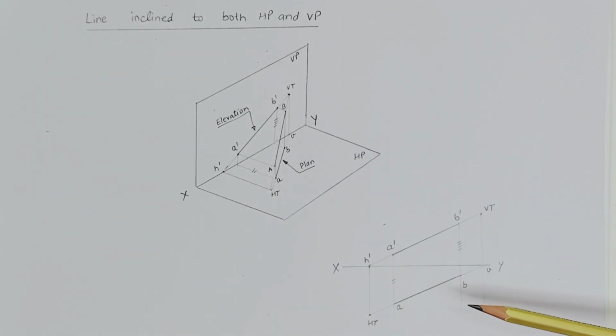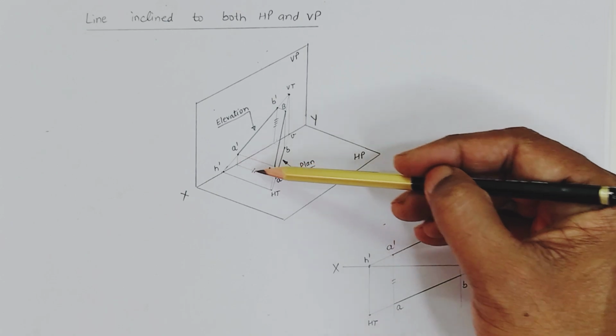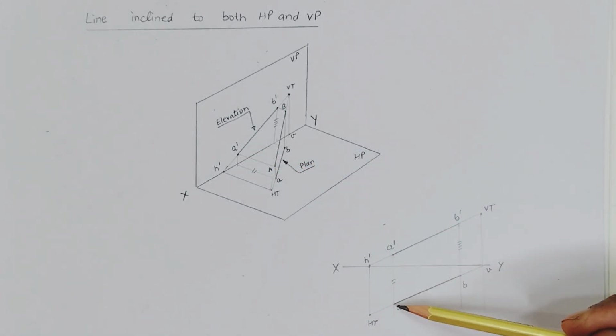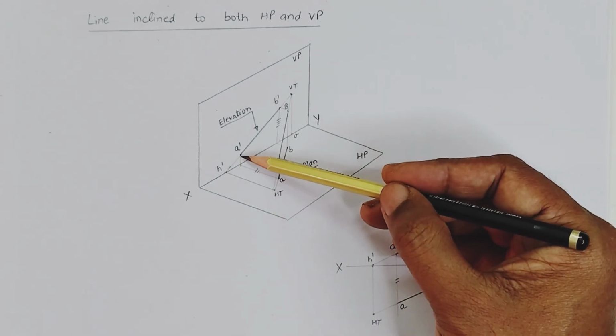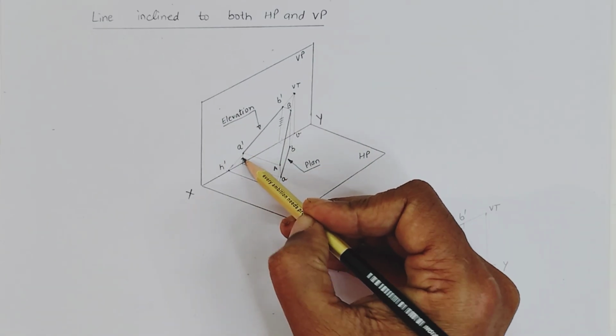Here we are representing the same. We have the axis XY and here is the projector line for A. We measure the distance for A dash and mark A like this.